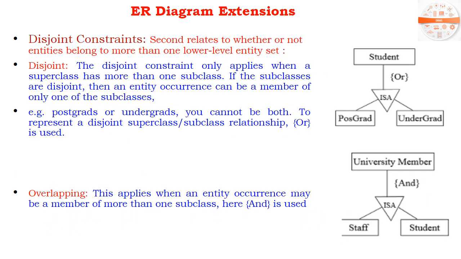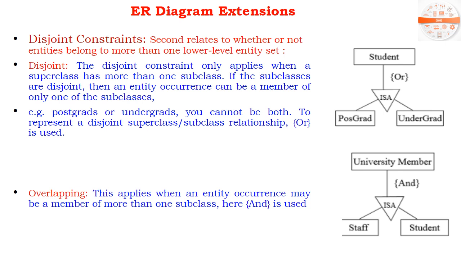Next one is disjoint constraint. Here, whether or not an entity belongs to more than one lower level entity set. Disjoint means what? The disjoint constraint only applies when the superclass has more than one subclass. If the subclasses are disjoint, then the entity occurrence can be a member of only one subclass.